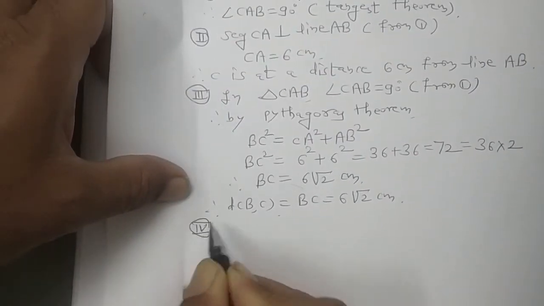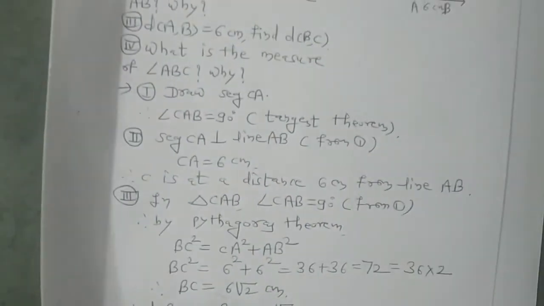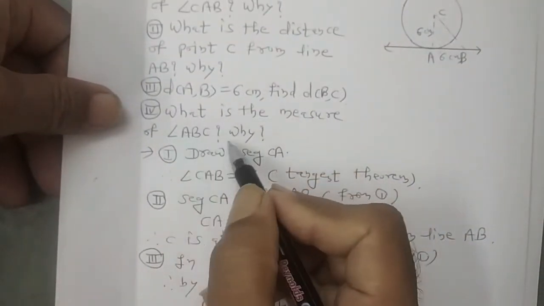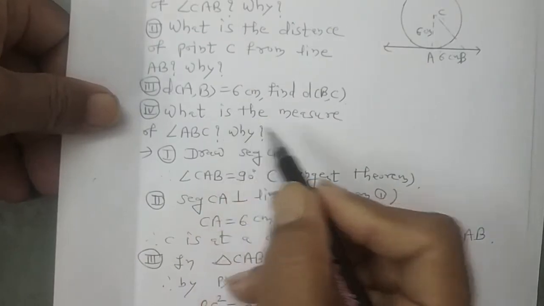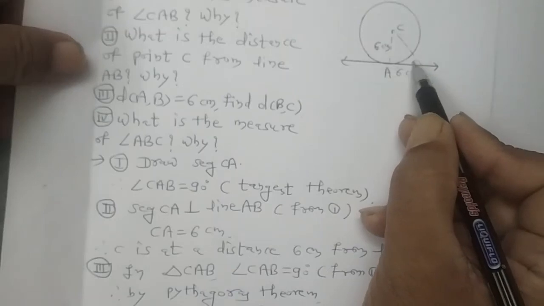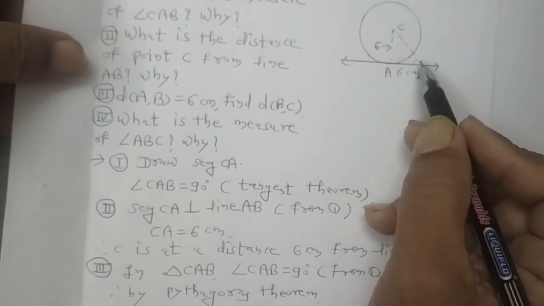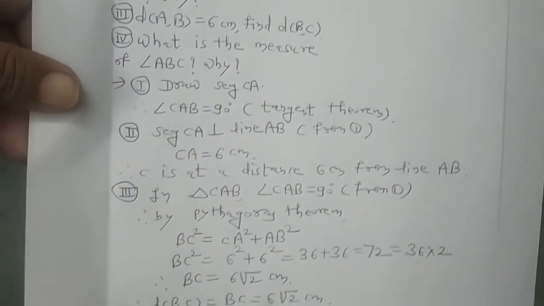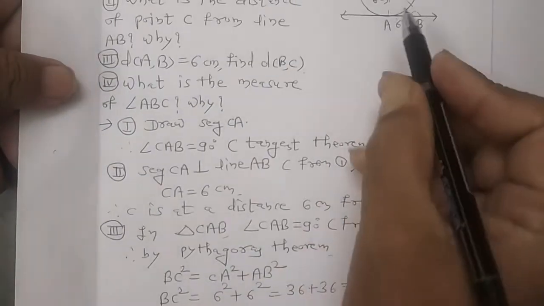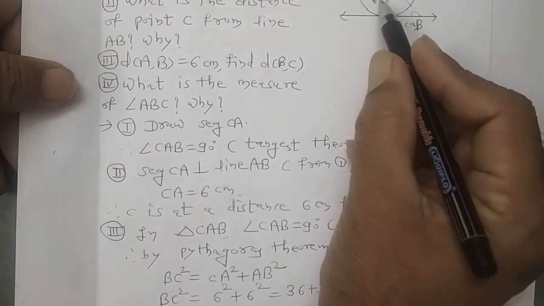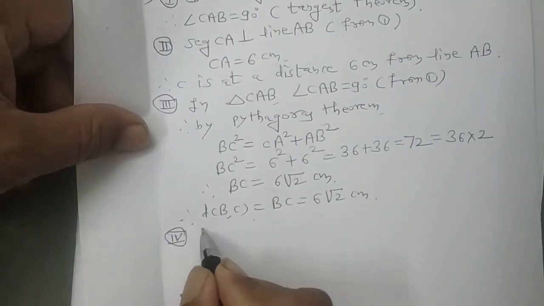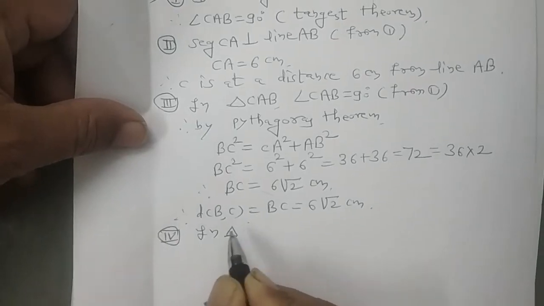Number 4. Now in number 4, what is the measure of angle ABC? We have to find this angle. Why? Now in triangle CAB, these two sides are equal.